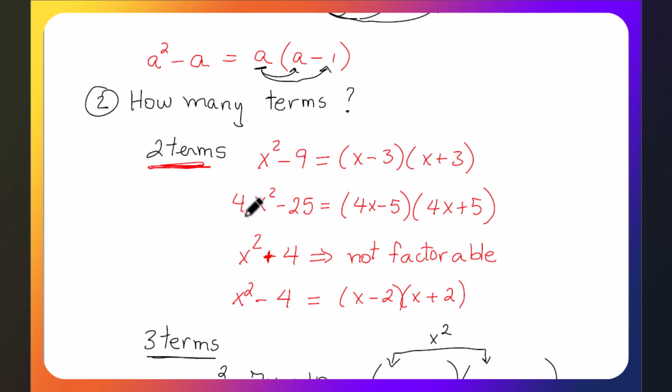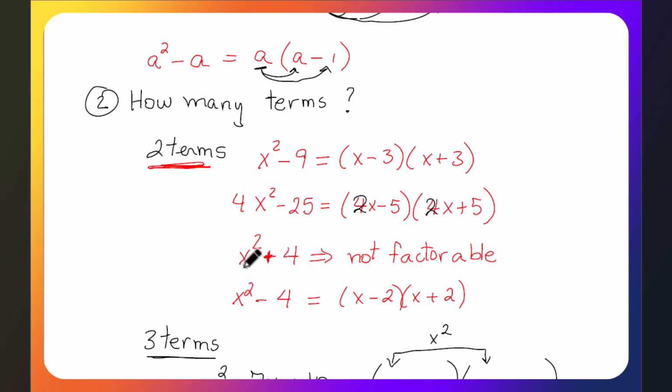So 4x squared minus 25. All right, this would be a 2x and a 2x, because 2 times 2 is a 4x squared. 5 times 5 is a 25. And again, I've got this minus and a plus.